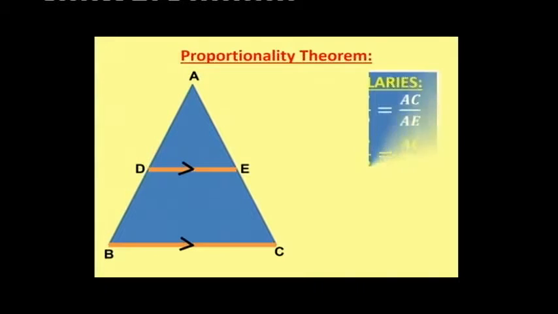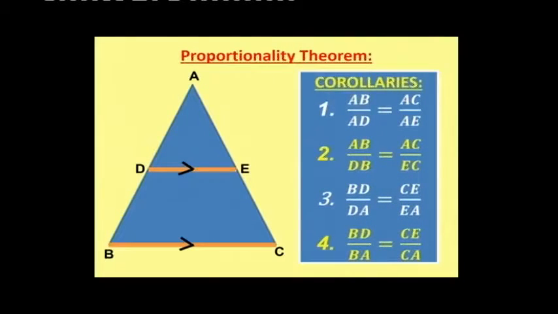But let's have a look at the list. All that is applicable to the theorem. Now, depending on the information they give you, that's going to tell you which one to use. Let's just run through it very quickly. The first corollary is AB over AD.